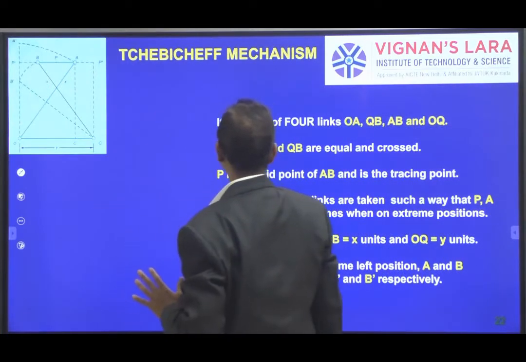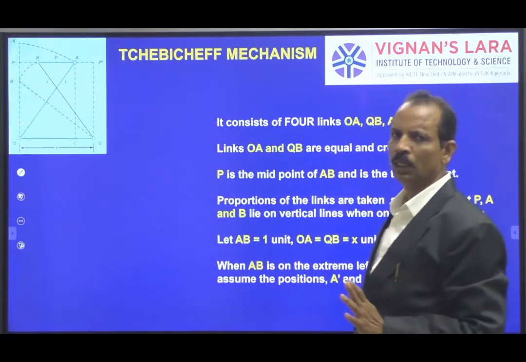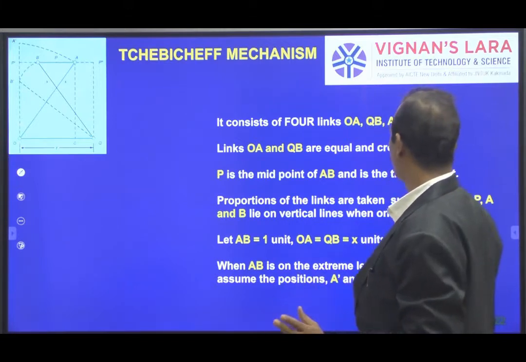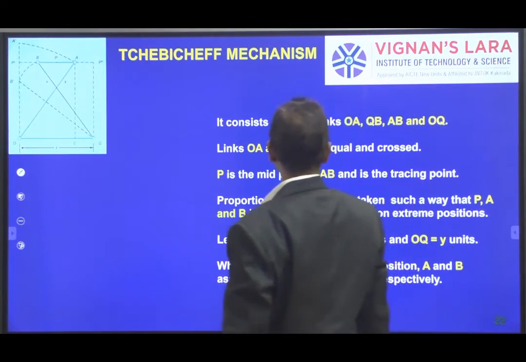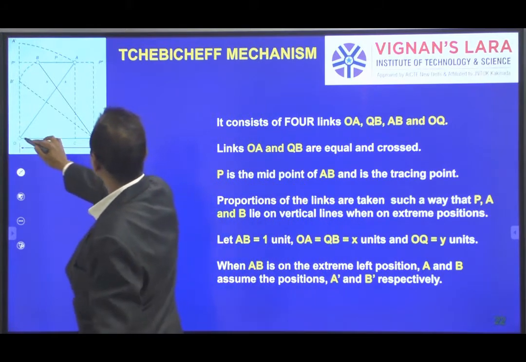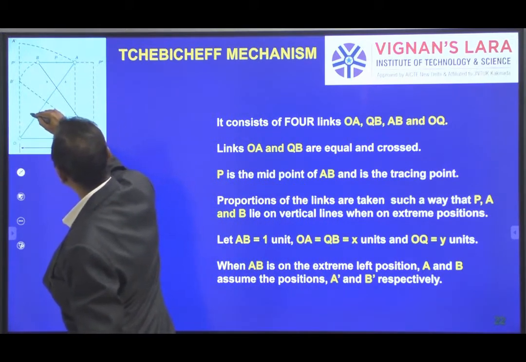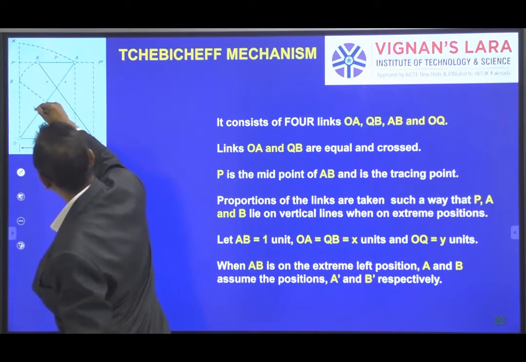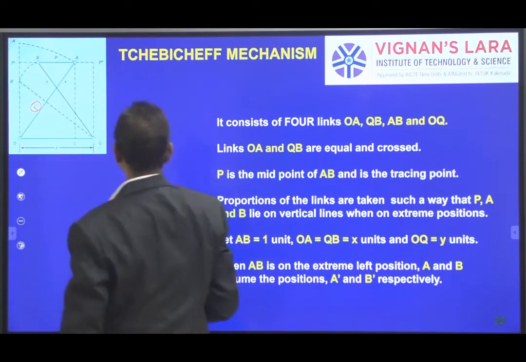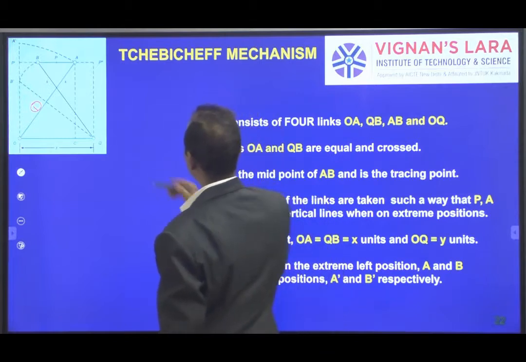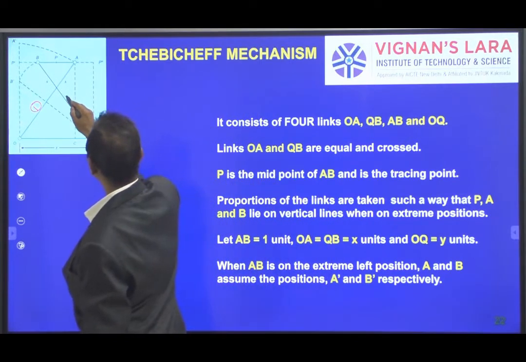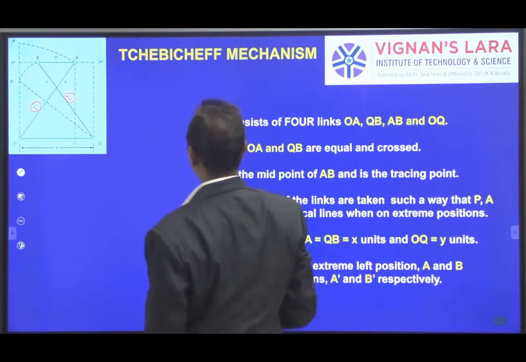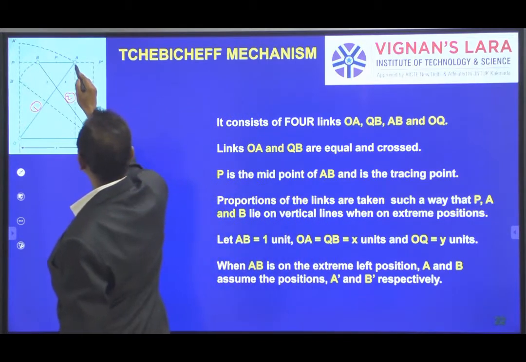Now let us come to another mechanism called Chebyshev's mechanism. It also consists of 4 links. The links are OA, link 1, then QB, link 2, then AB and OQ.